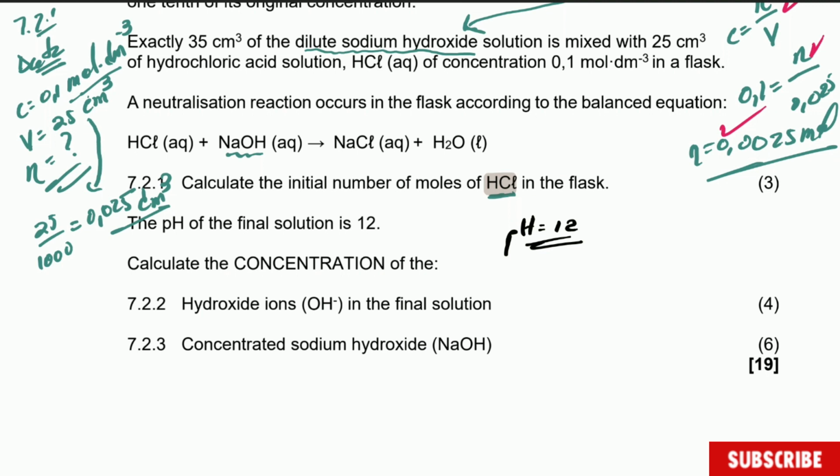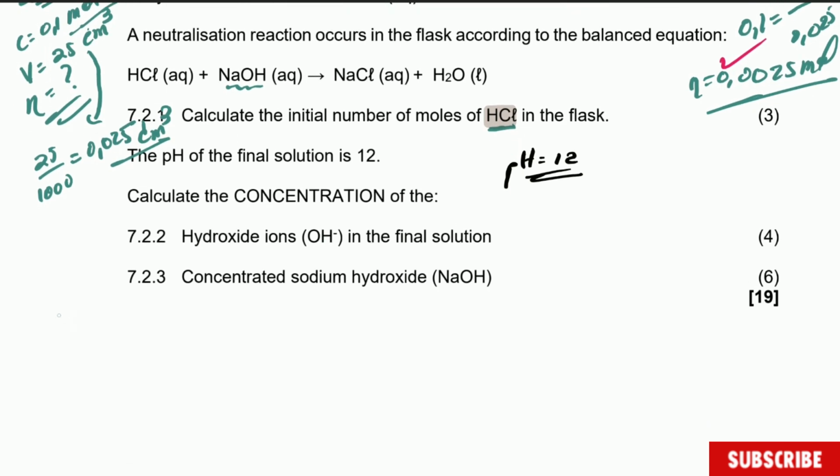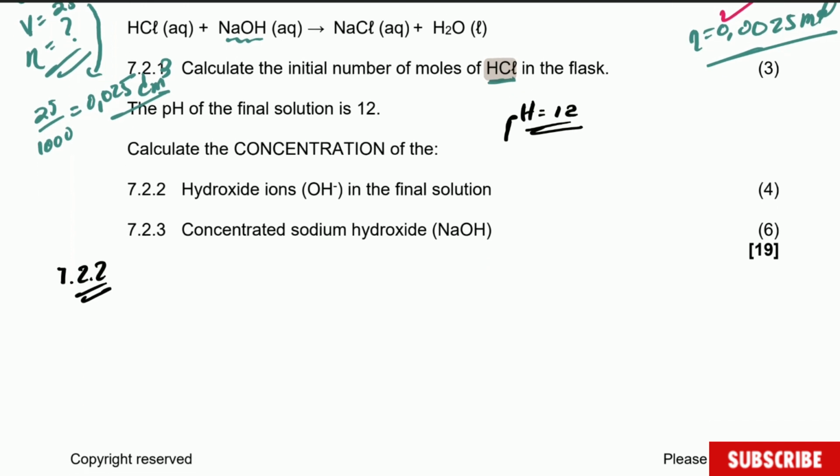Okay, so let's approach this question in the following way. 7.2.2. So what are we going to do? We're going to use the pH, pH is equal to 12, to calculate the concentration of the hydronium ion. So we know that pH is equal to minus log of the concentration of H3O+.